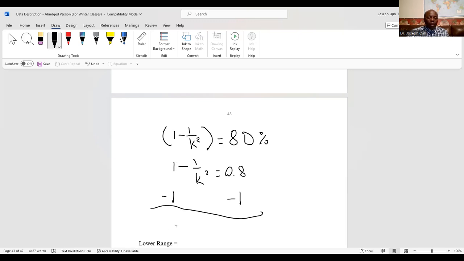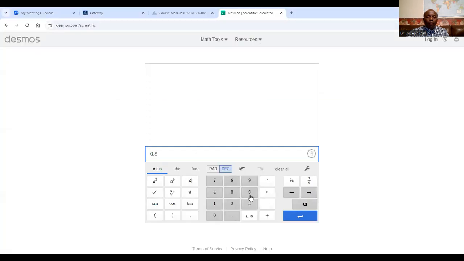Okay. Our answer will now become, 1 is gone, so we have negative 1 over k squared equals, now we can do this 0.8 minus 1 on a calculator. 0.8 minus 1 is negative 0.2.